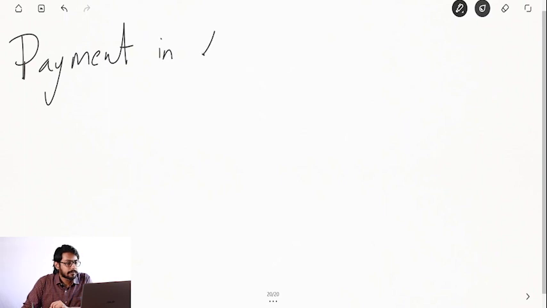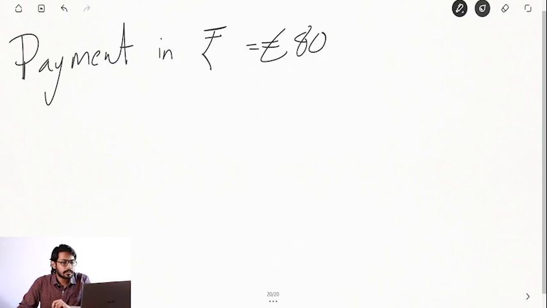Payment in rupees is equal to, I hope you are not fast forward thinking this step is repeating. The previous question was based on cross rates, which is an important concept. Pay attention. Payment in rupees is equal to euro 8,000 into rupee by euro.